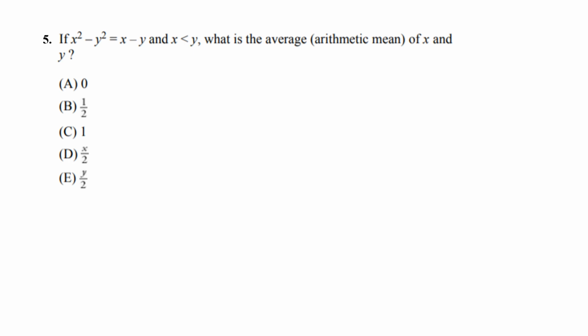So why don't we divide both sides first by x minus y? The reason I'm doing this is this is a difference of two squares, x squared minus y squared, right? In a difference of two squares, you can always factor it out as x plus y and x minus y, okay? So let's do that real quick. We have x squared minus y squared equals x minus y.